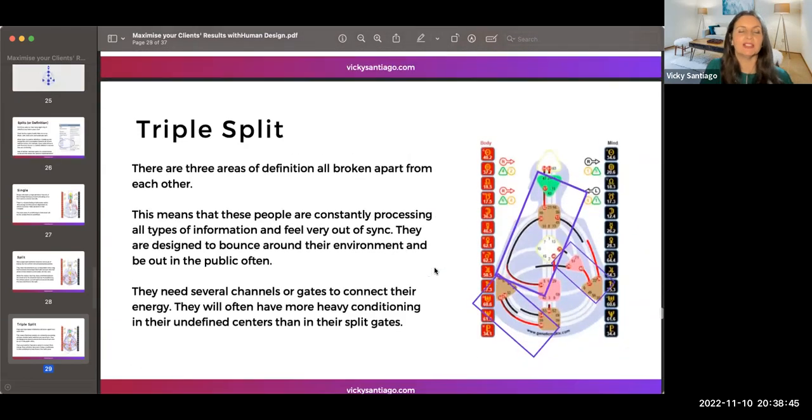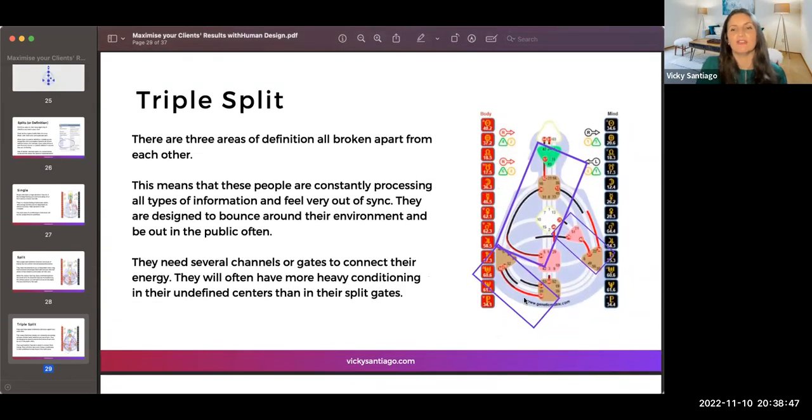All right, the triple split. So as you can probably guess, that means that they've got three sections of defined centers which aren't talking to each other. So that means that they have three different voices within them all at the same time. It means they're constantly processing all types of information and they feel out of sync.